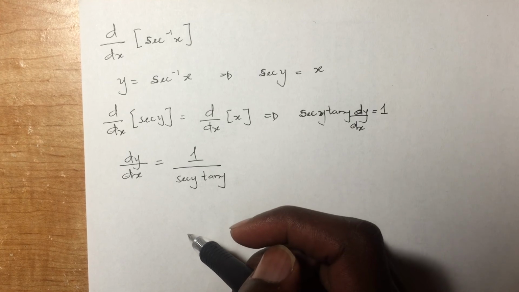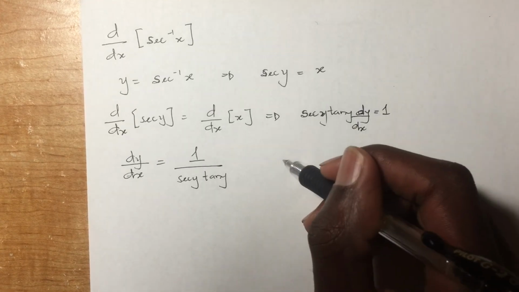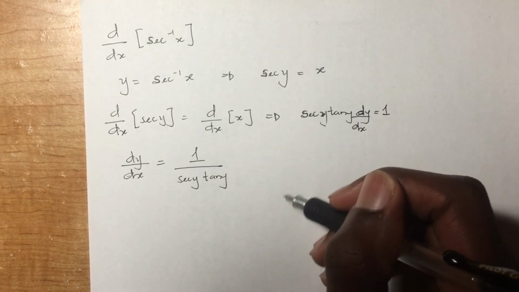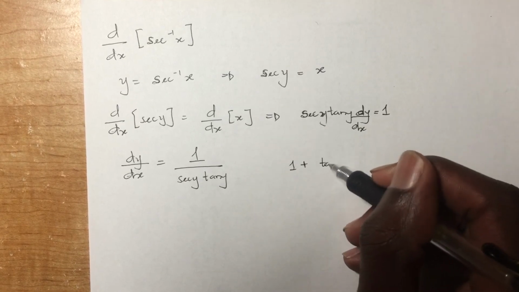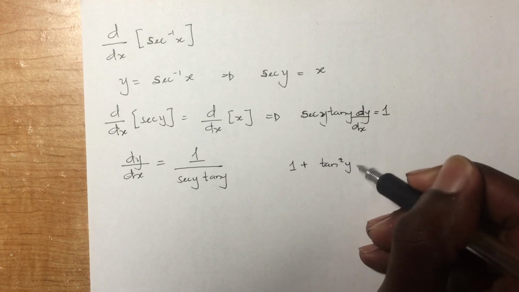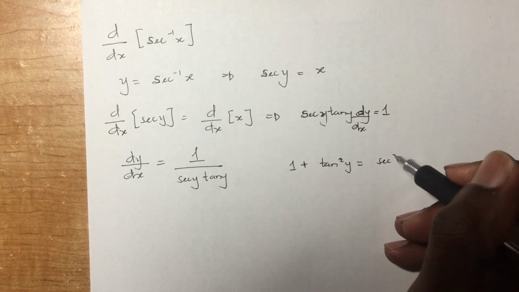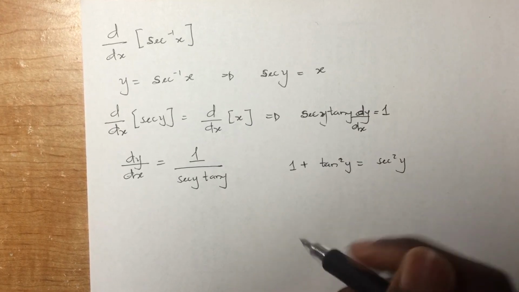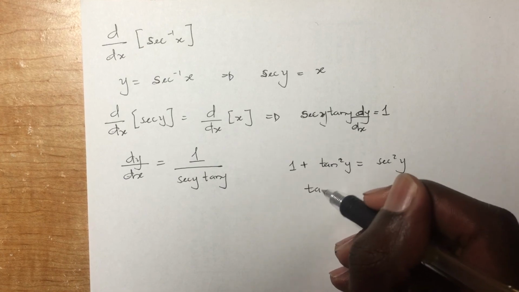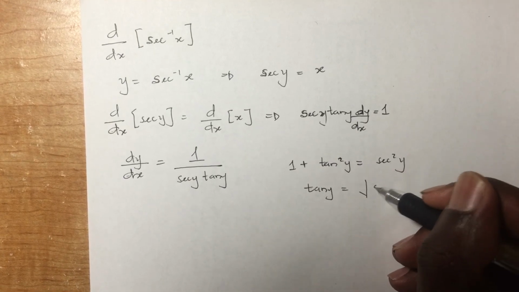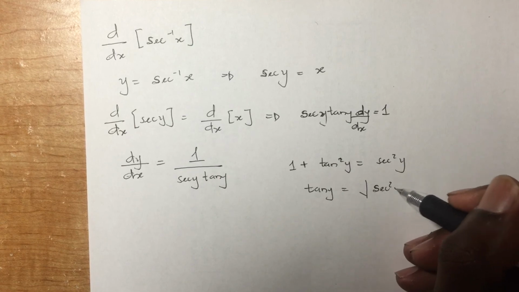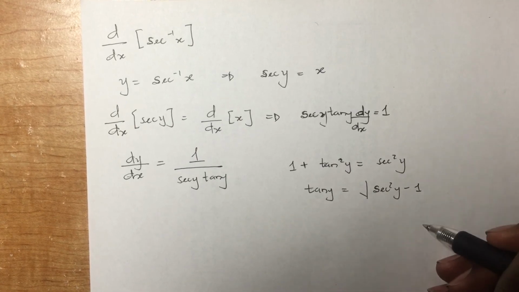So from here we'll have to use a trig identity, and the identity we're going to use is 1 plus tan squared y equals secant squared y. And if we solve for tan y, this will be equal to the square root of secant squared y minus 1.